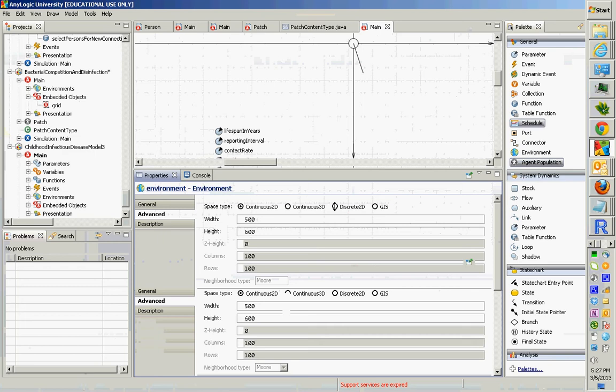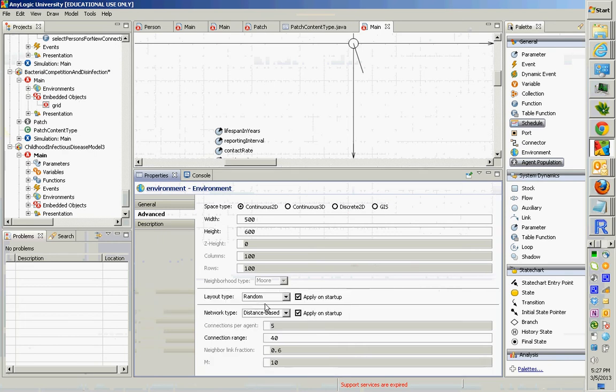We have something like this. And then we have a layout type and a network type. So we could here select ring lattice network, and that will determine the connectivity. If I want to have it laid out visually, that is spatially, have the spatial mapping of that, then I would have to select the ring here.